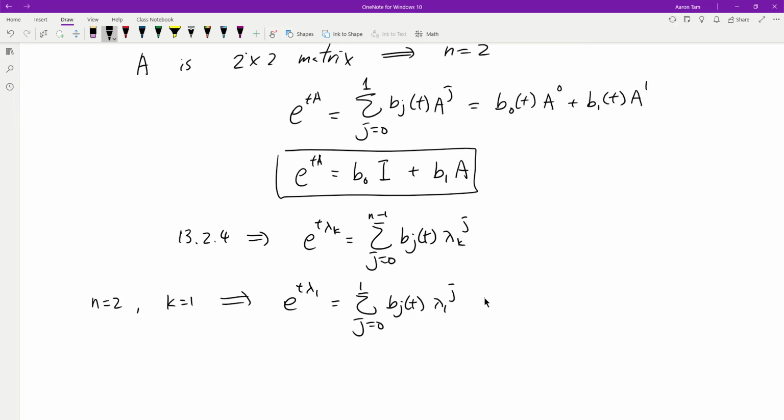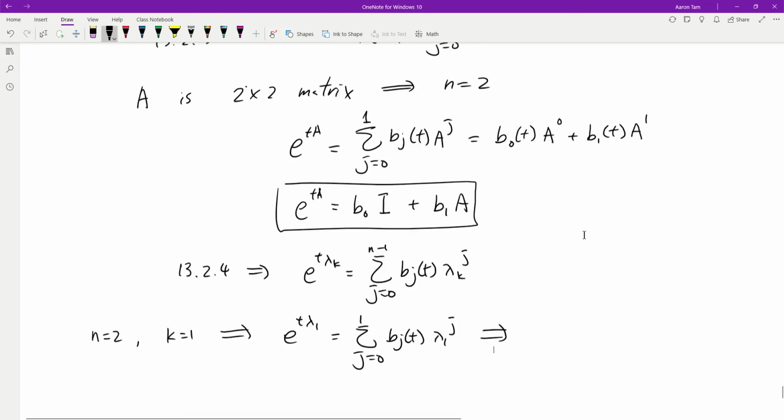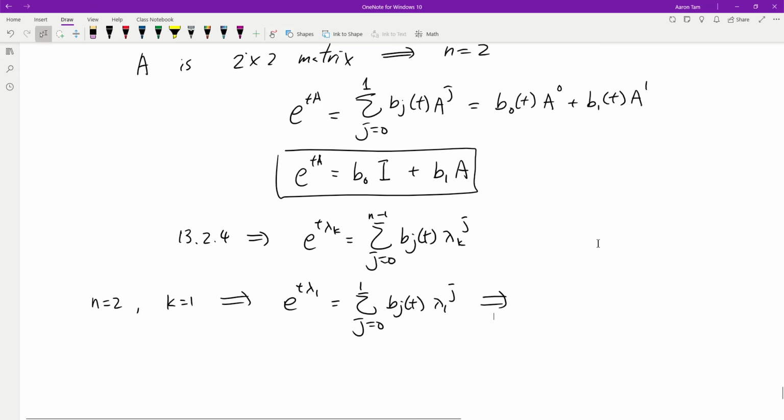So what does this actually turn into? Well, we know that lambda 1 is -1, so that means e to the negative t would equal, when I plug in, b sub 0 times -1 to the 0 power plus b sub 1 times -1 to the first power.